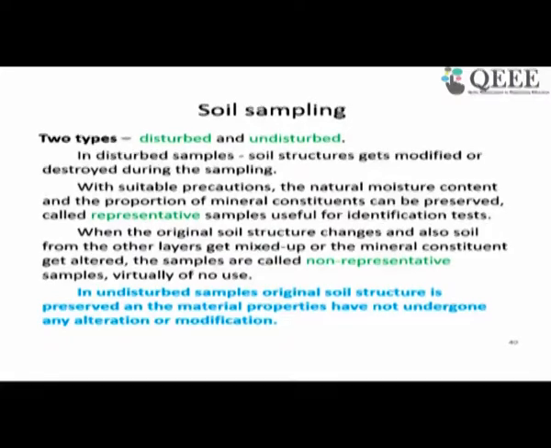But it is possible with some precaution that you can maintain the natural moisture content and proportion of various mineral constituents. So that sample will be called a representative sample, though not undisturbed, because you are able to maintain the natural water content and mineral constituents.